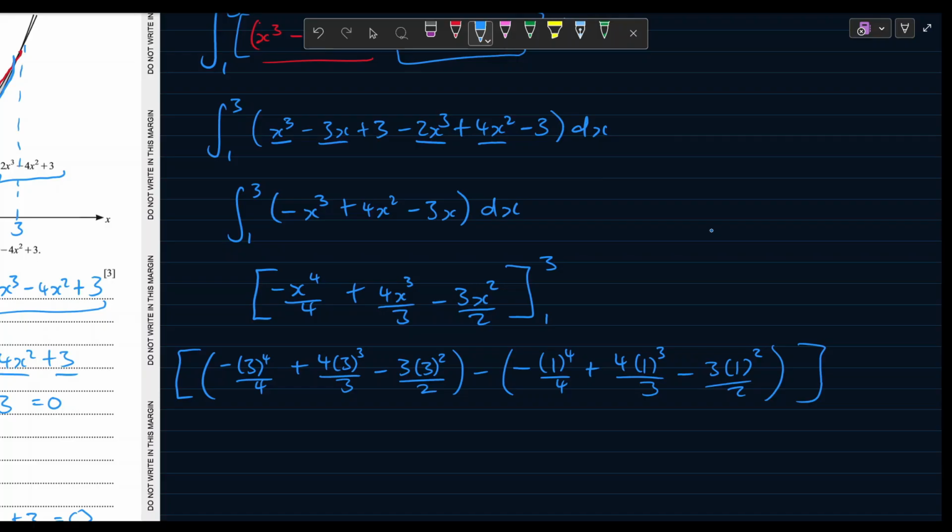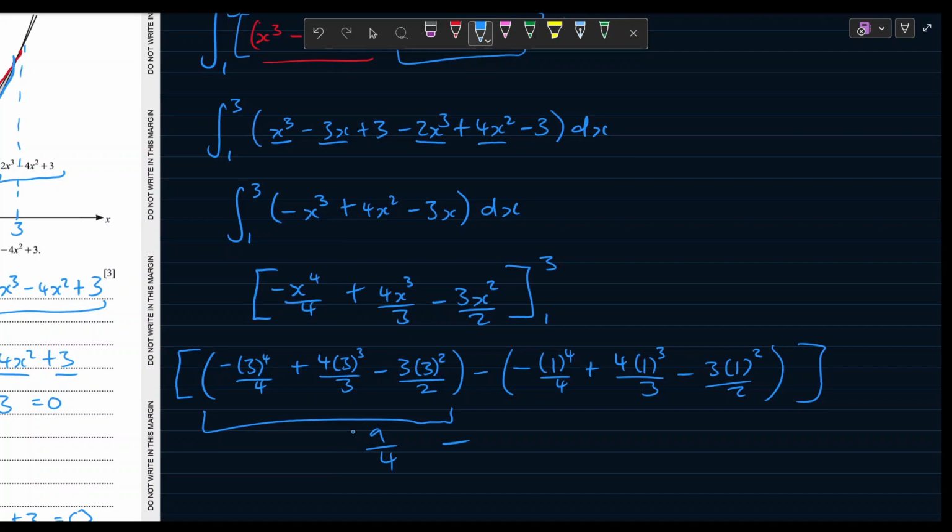All right, so let's punch this expression into the calculator. That's negative 3 to the 4 over 4 plus 4 times 3 to the 3 over 3 minus 3 times 3 to the 2 over 2, and that gives us 9 over 4.